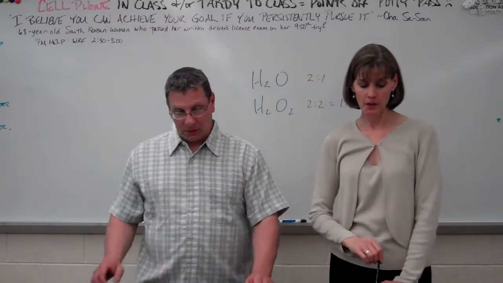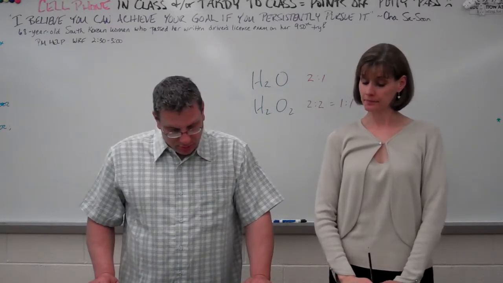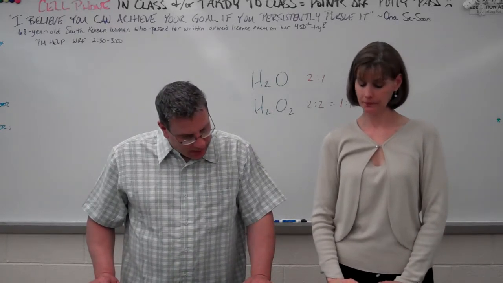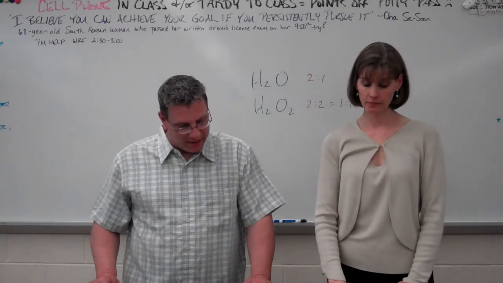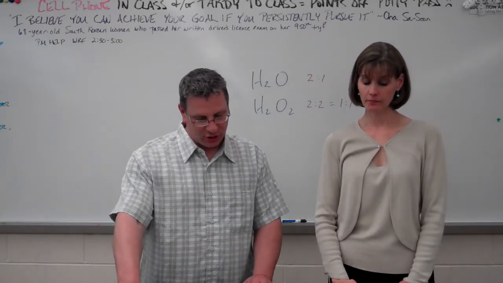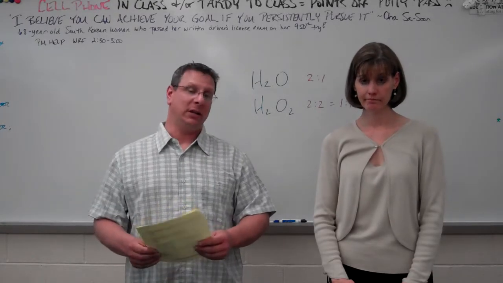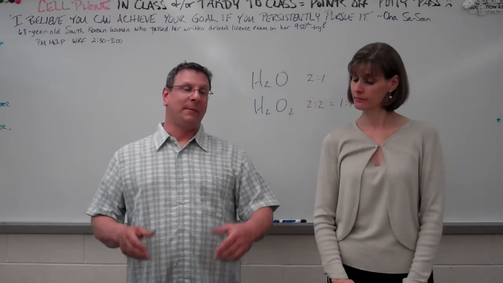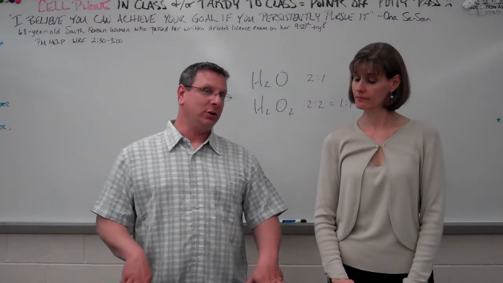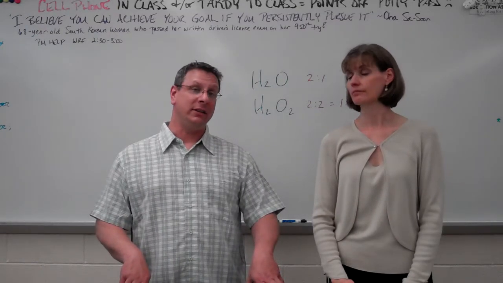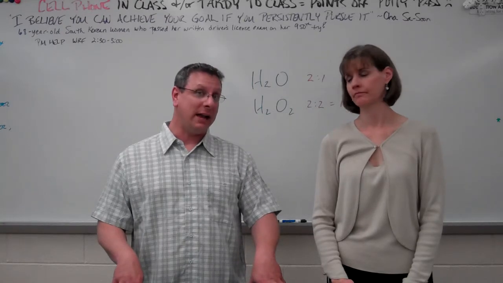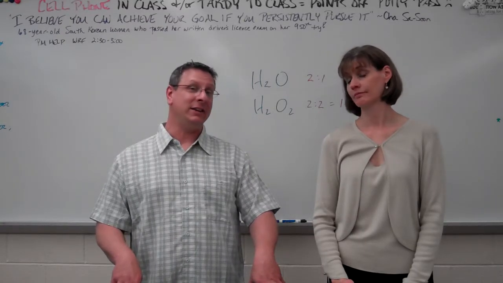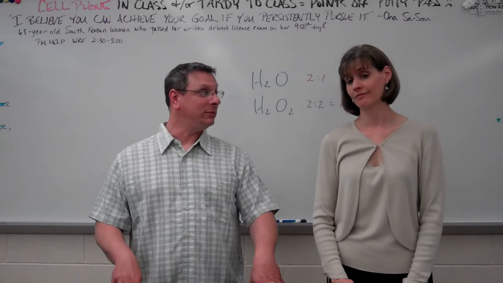Number 19. How to calculate the empirical formula of a compound when given the mass percentage of each element. In these questions, you're being asked to violate a tenet of science that we typically do not ask you to do, and that is making assumptions.